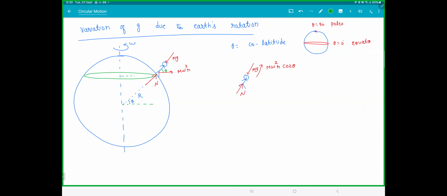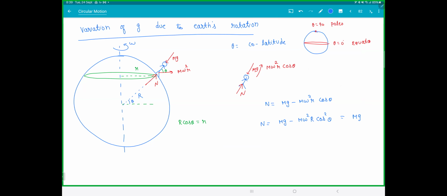Small r is this radius, and we can clearly see small r is R cos theta. So this person will feel the weight has reduced a bit. He will think the weight is mg minus m omega square small r cos theta, and small r is nothing but capital R cos theta. So m omega square R cos square theta.